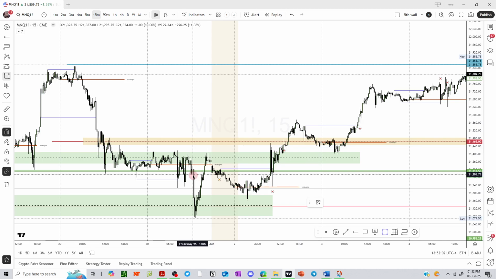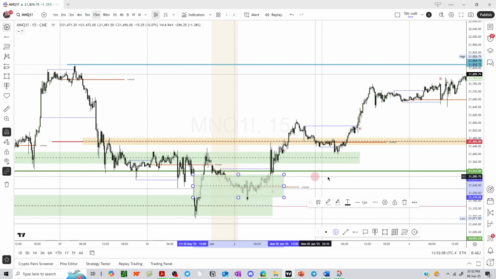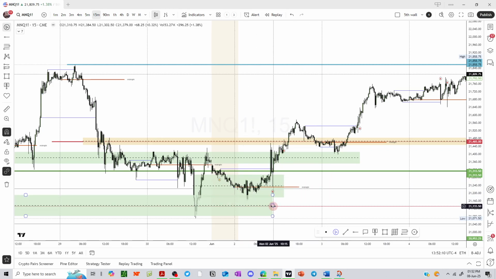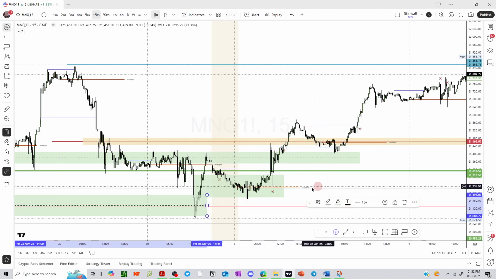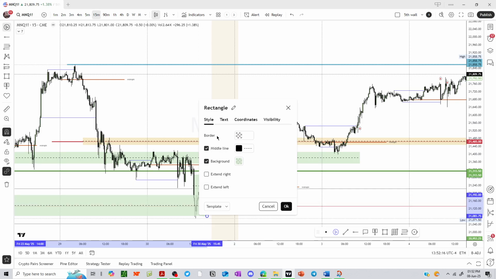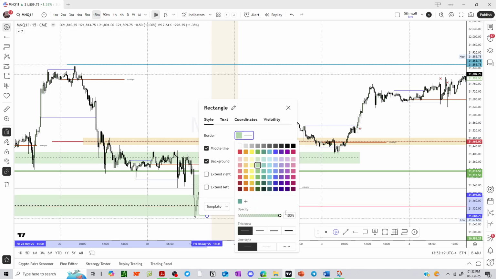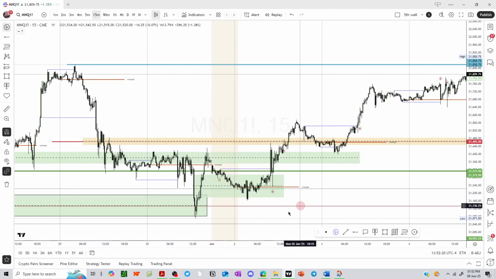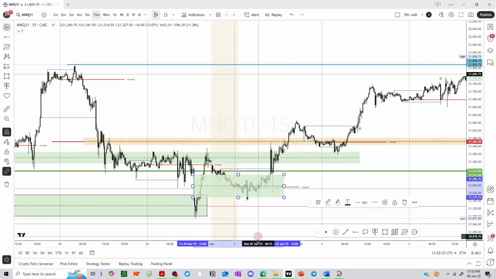I'm going to delete this because this is a lot of noise on here. Right? Pull this back here. All right, so inverted fair value gap.